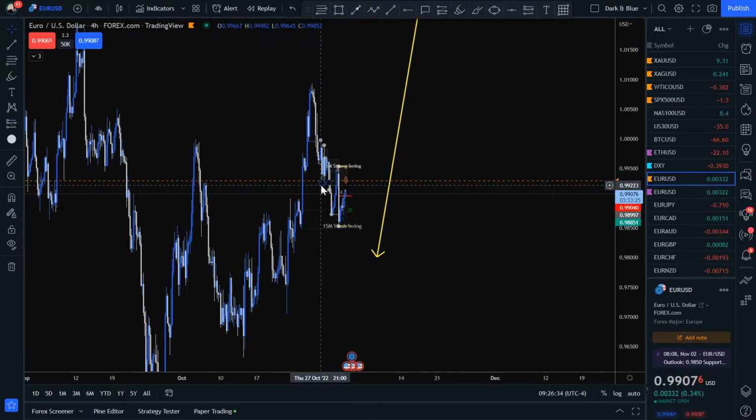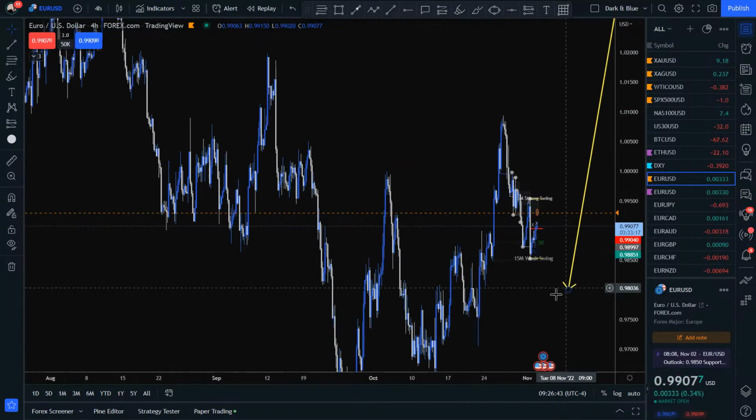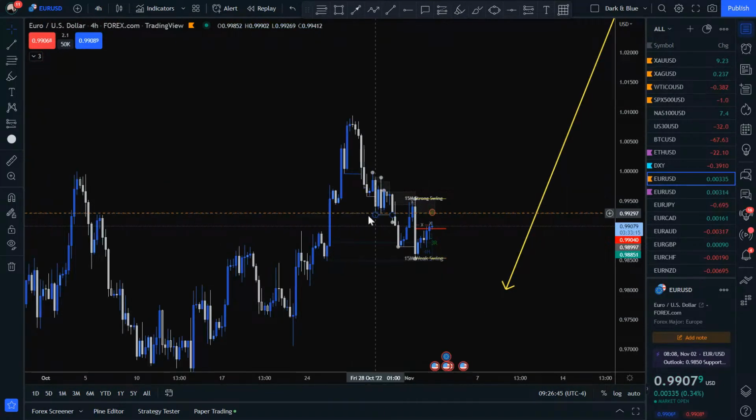But sells become permitted after a bearish break of market structure, which is only, like I mentioned earlier, a change of character. This is the break of structure down here.